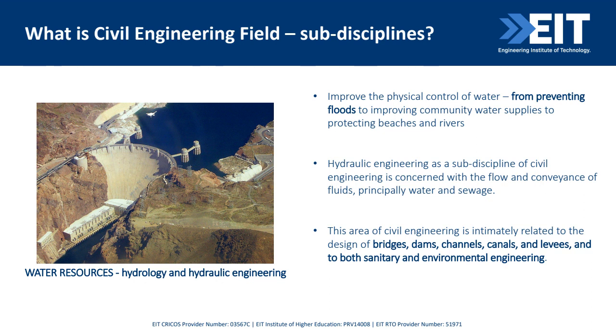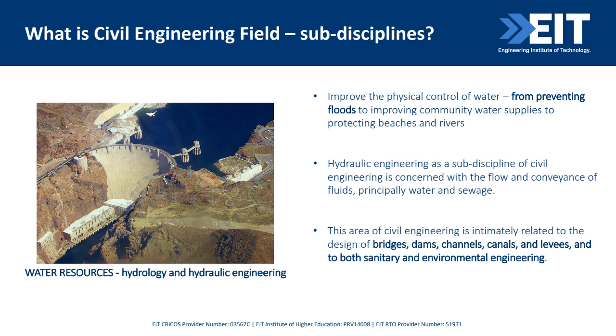The work of civil engineers in this area includes the design and management of water supply and distribution systems, sewage, wastewater treatment plants, and so on. This discipline covers the design of dams, canals, levees, and sanitary and environmental engineering. It's all here.